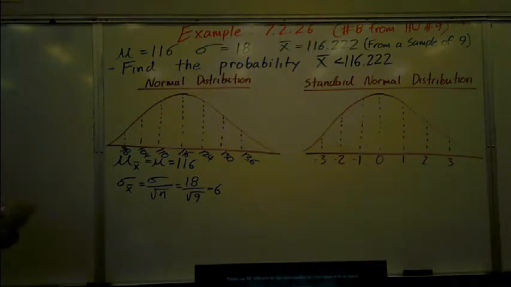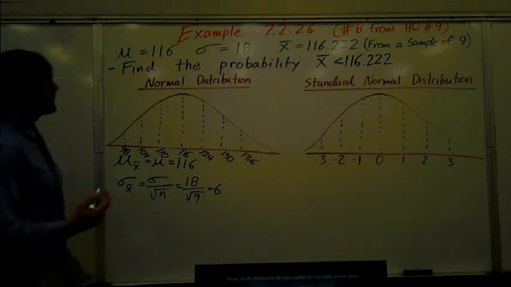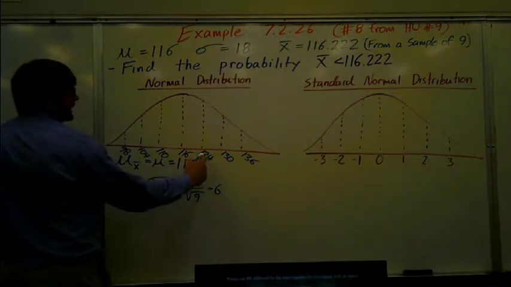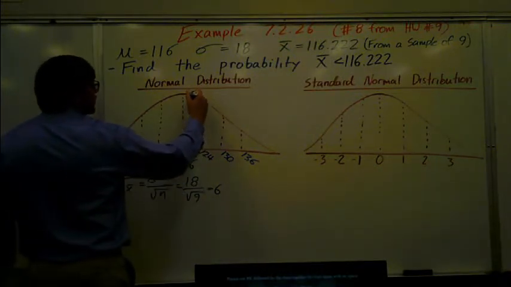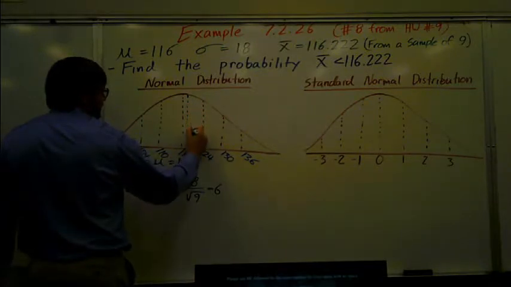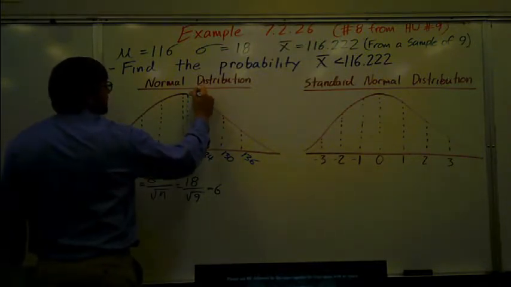And let's see, we're asked to determine the probability of getting an x bar value less than 116.222. So let's see, 116 is there, 122 is there, so 116.222 has to fall somewhere about right there.